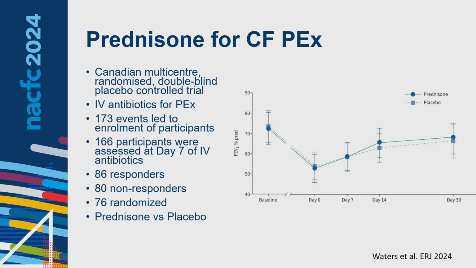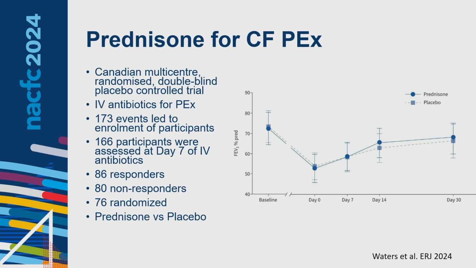And this is a paper from Val Waters and team just published in the ERJ looking at prednisone for CF pulmonary exacerbations. And this was a Canadian study, a randomized, double-blind, placebo-controlled trial in people requiring IV antibiotics for pulmonary exacerbations.